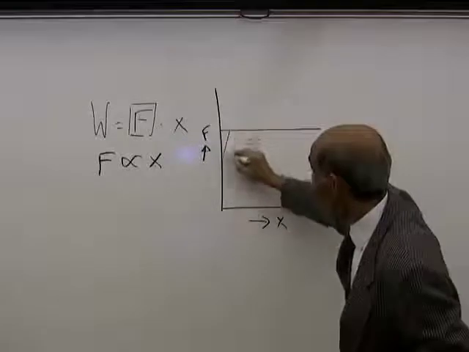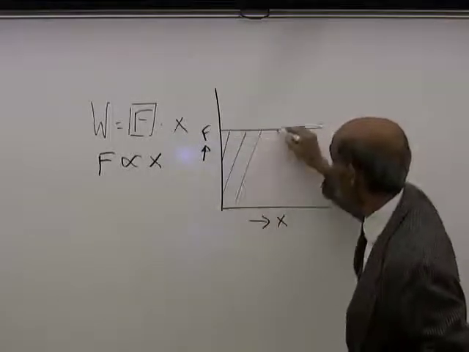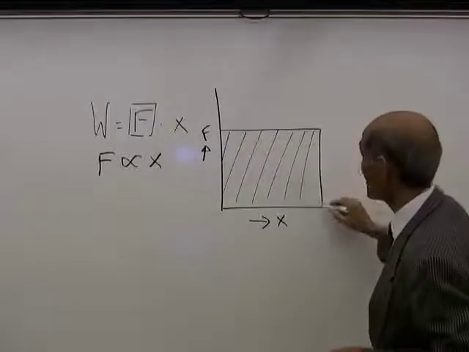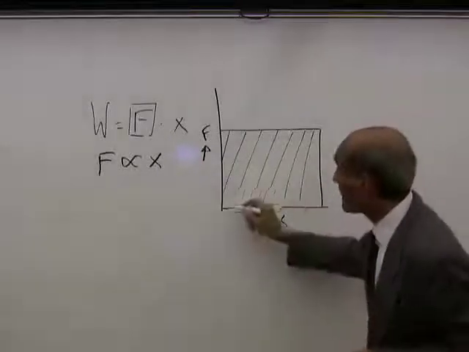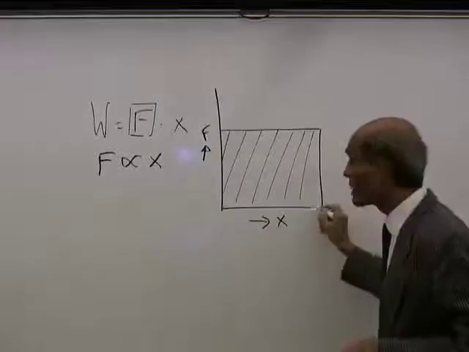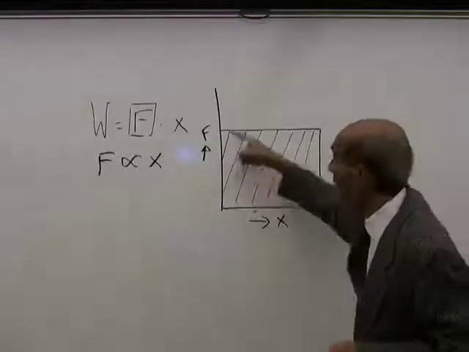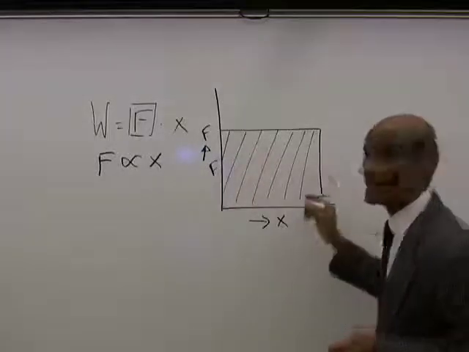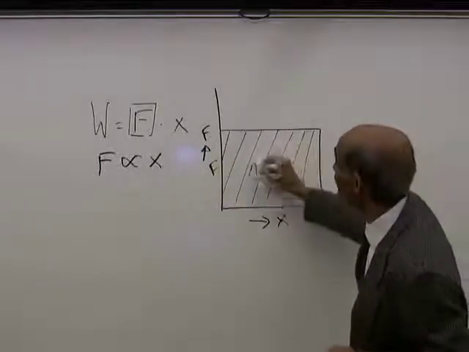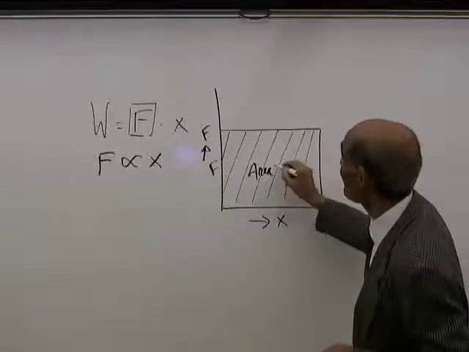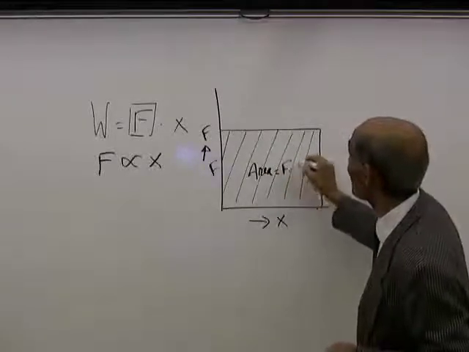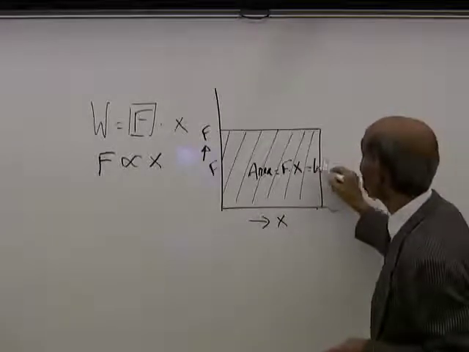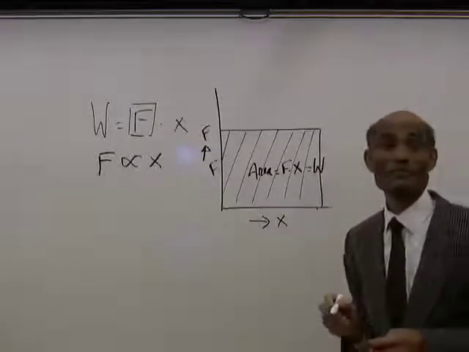What is the area enclosed by this graph with the displacement axis? The length of this rectangle is x and the width is F, is that right? So the area of this rectangle is F multiplied by x, which is a measure of the work done.